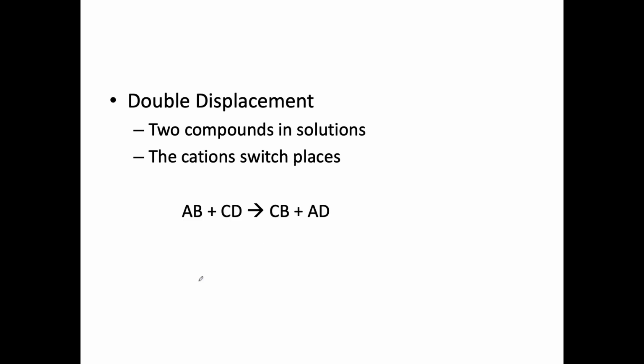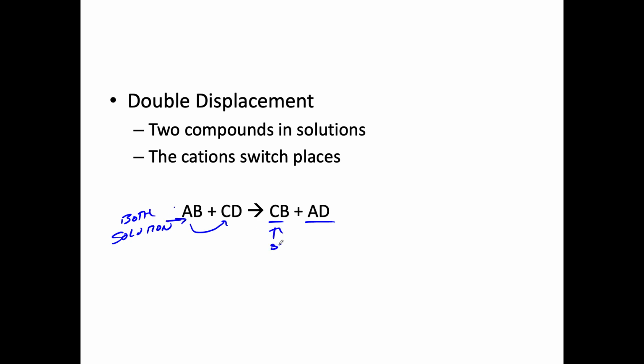All right. Now, double displacement. We've got 2 compounds in solution, and the cations switch places. So A goes to D, and C goes where B is. Both of these are in solution.